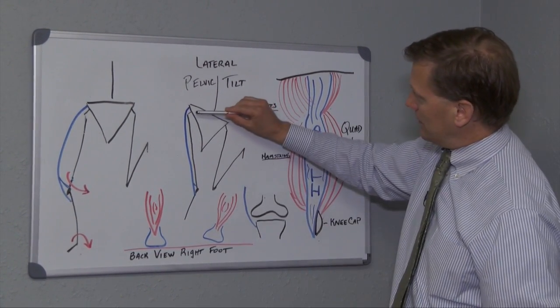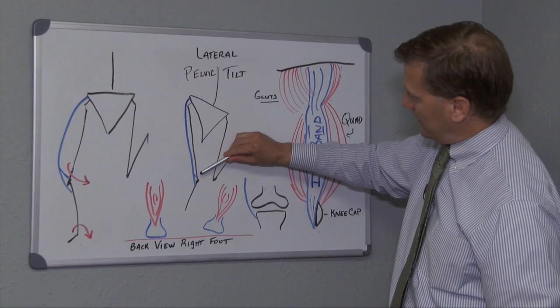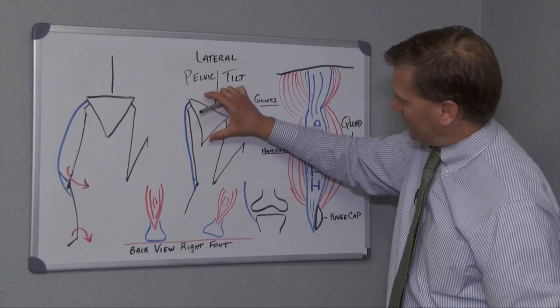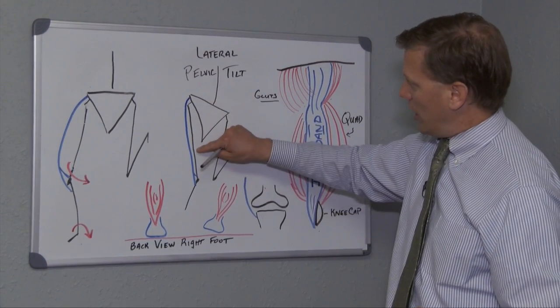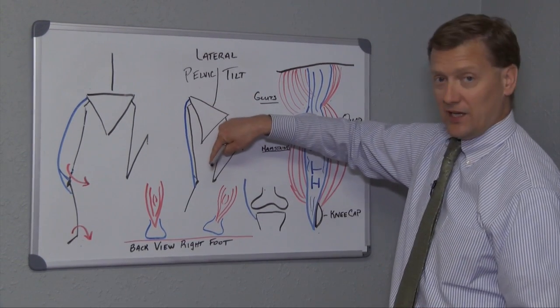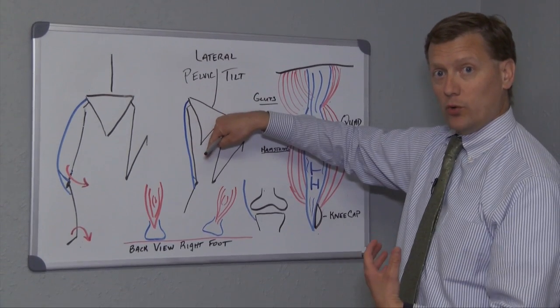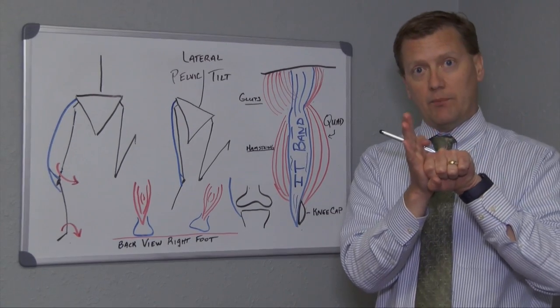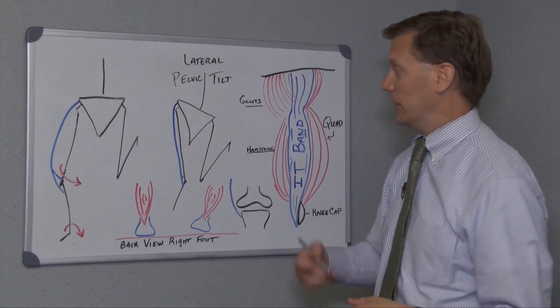What's happening here, this particular person is landing, and when they land, the pelvis is tilting this way, which causes the femur bone to rotate inward. When that bone rotates inward, it'll cause the IT band to bang right up against the femoral condyle, and it creates pain.